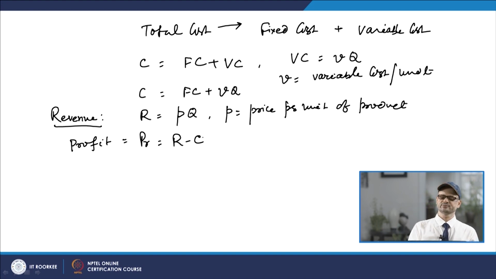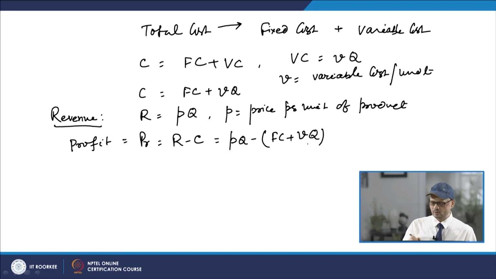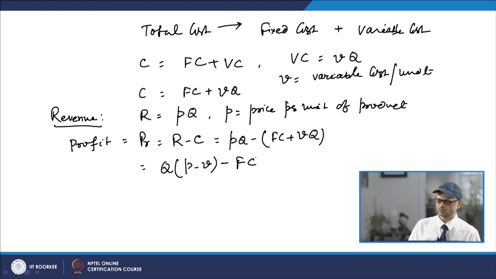In case of loss, this quantity will be negative. Now, if you see that R is your PQ and the total cost is FC plus VQ, it will be coming as Q into P minus V, and then minus FC. So, this is the expression for the profit.